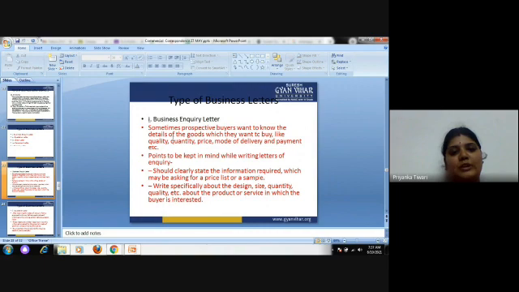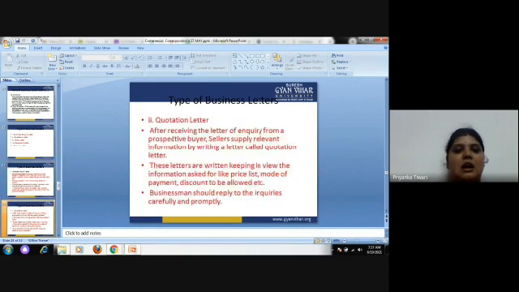Points to be kept in mind while writing letters of inquiry: they should clearly state the information required, which may be asking for a price list or a sample, especially about the design, size, quantity, and quality of the product or service in which the buyer is interested.